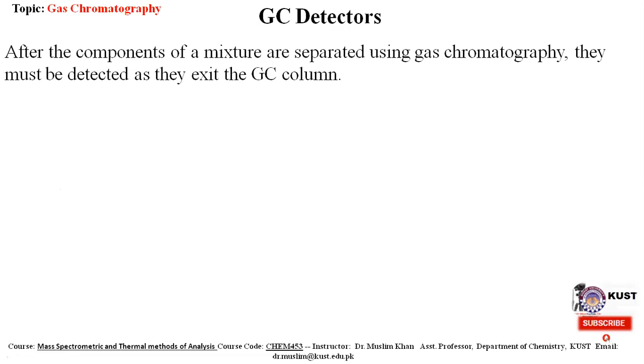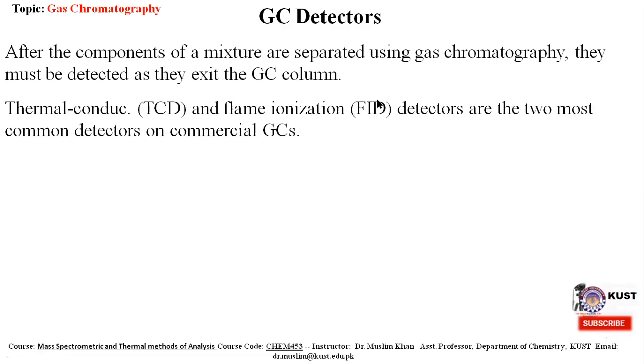After the components of a mixture are separated using gas chromatography, they must be detected as they exit the GC column. Thermal conductivity detector, which is called TCD, and flame ionization detector are the two most common and frequently used detectors on commercial GC systems.